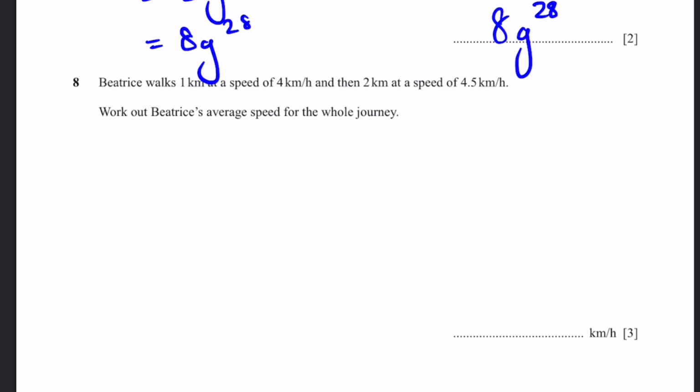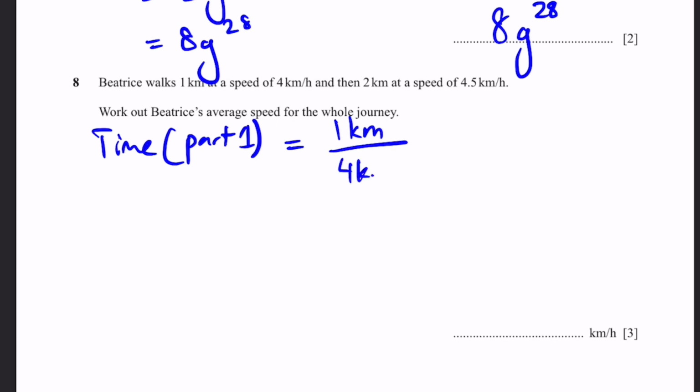Question 8. Beatrice walks 1 kilometer at the speed of 4 kilometers per hour and 2 kilometers at the speed of 4.5 kilometers per hour. Work out Beatrice's average speed for the full journey. So time taken for part 1, which is 1 kilometer at the speed of 4 kilometers per hour, that will be equal to distance by speed.